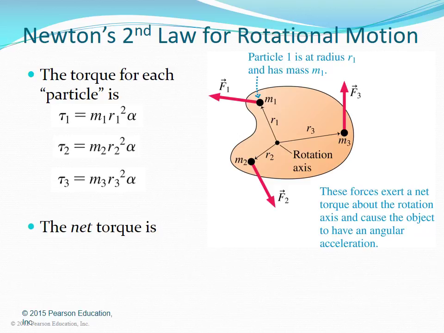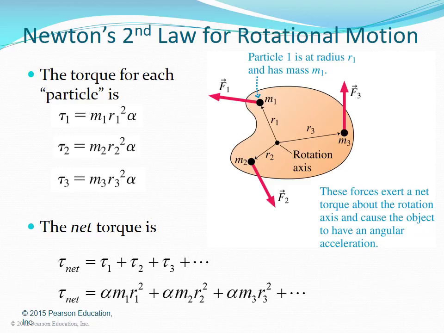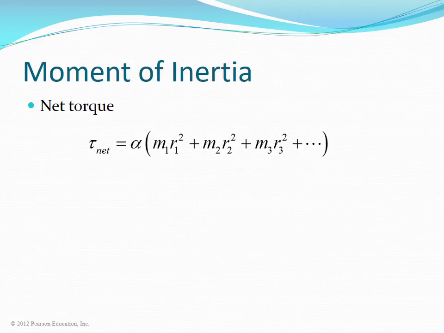The net torque is the sum of all the individual torques. Since the angular acceleration is the same for all the individual particles, we factor it out and end up with a large sum of mass times radius squared.